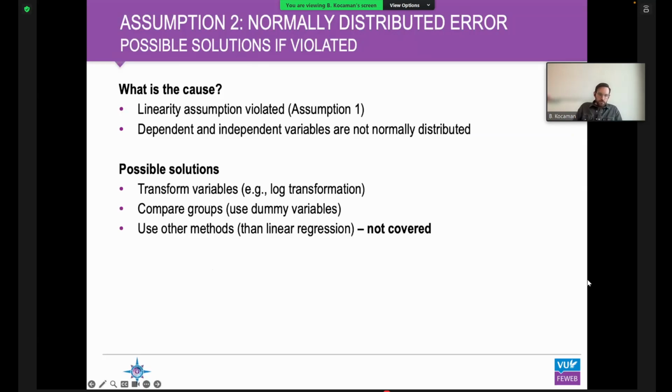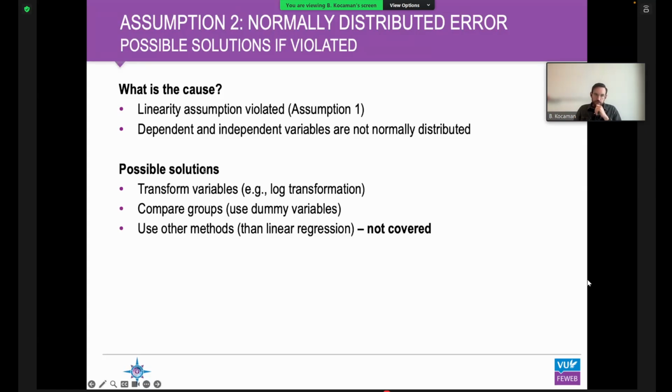So might we have a non-normally distributed error? It might be that the linearity assumption is violated. It tends to go hand in hand. Or it might be that dependent or independent variables or both are not normally distributed. Okay, all of this can cause errors to be non-normally distributed.